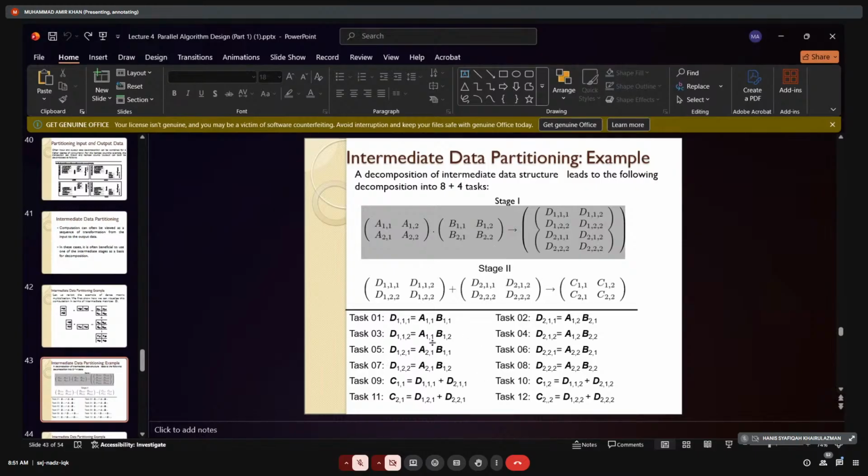This is the example where we are mixing two different operations. In the first stage we have multiplication. In the second stage we have the same D11, D12, but we have addition, not multiplication. So we get 4 values here, and with the multiplication, we get the 8 values. So 8 plus 4, 12.